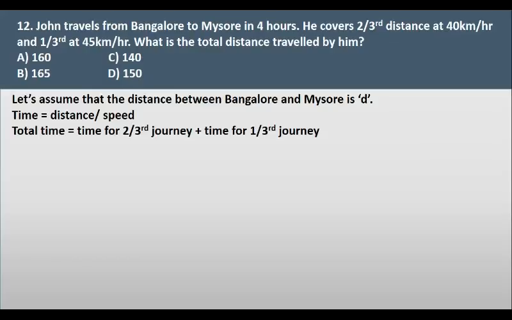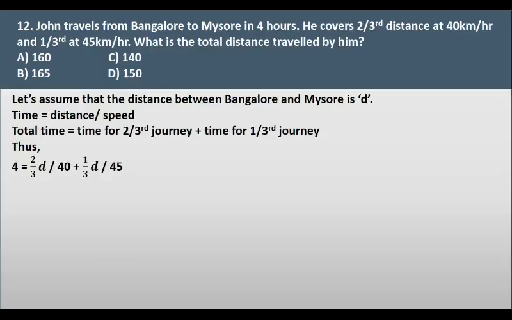We know that if D is the distance, 2/3 of the journey would be equal to 2 by 3 D and 1/3 of the journey would be equal to 1 by 3 D. So substituting these values into this equation, the new equation would become 4 is equal to 2 by 3 D divided by 40 plus 1 by 3 D divided by 45, where 2 by 3 D is the distance for 2/3 of the journey and 40 is the speed at which he covers that distance, and 1 by 3 D is the distance of 1/3 of his journey and 45 is the speed at which he covers it.